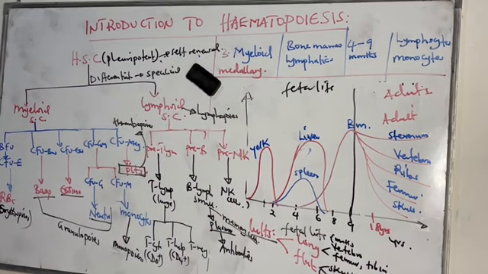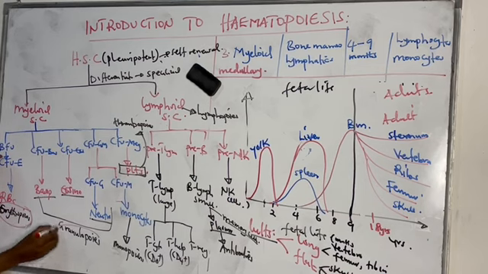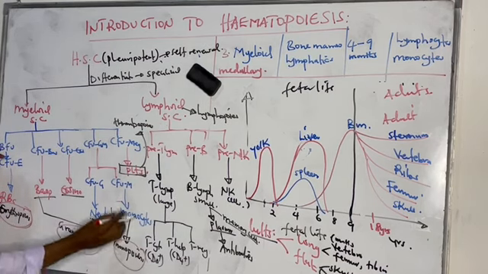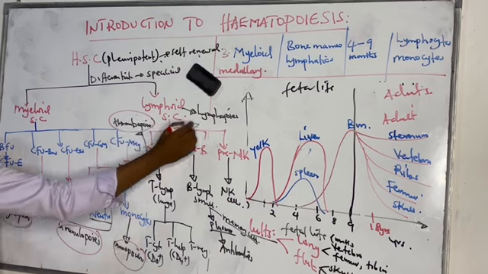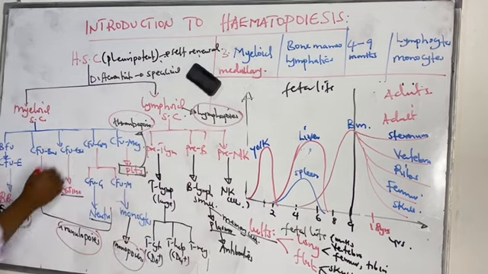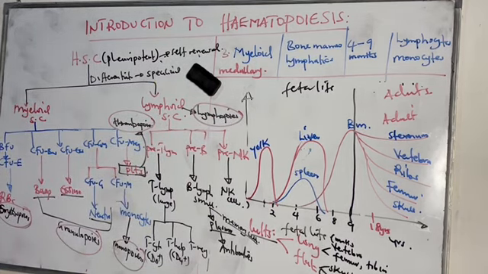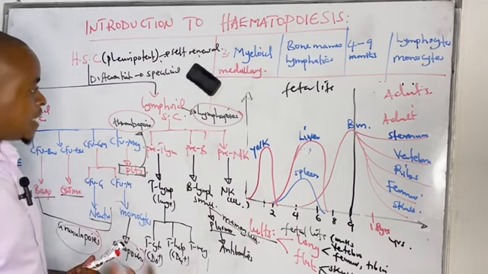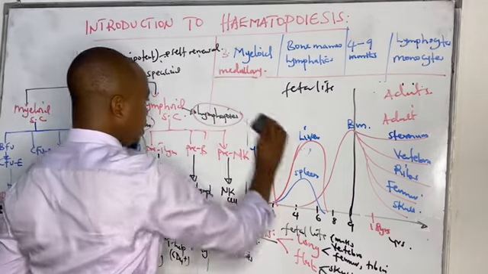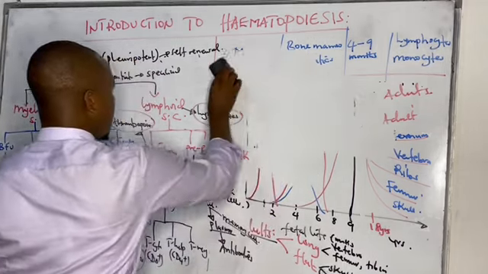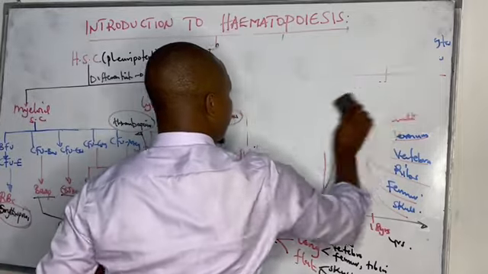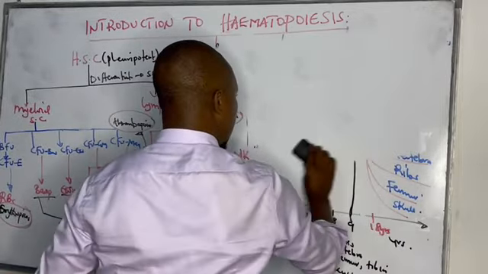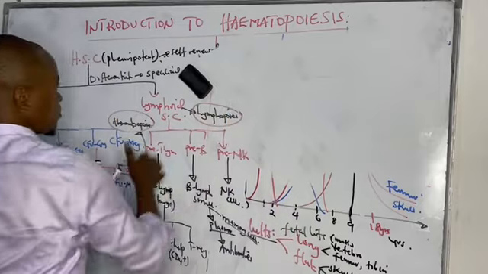Those are the stages we shall look at in detail: erythropoiesis, granulopoiesis, monopoiesis, thrombopoiesis, and lymphopoiesis. And in each, we shall always see what the trigger factors are, or what the necessary substances required to trigger those different processes are. And we end up with the requirements in general.